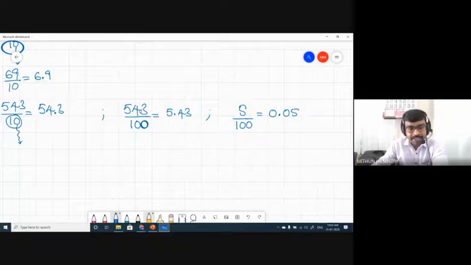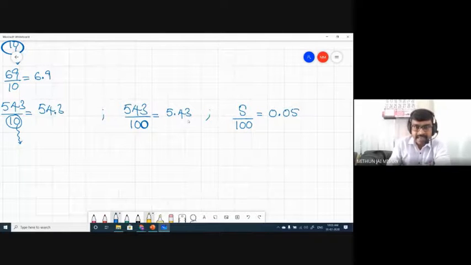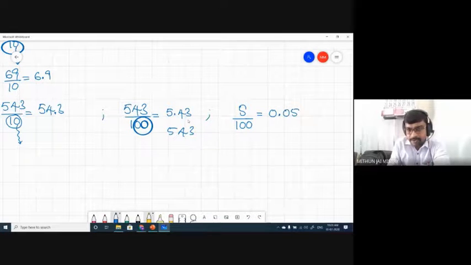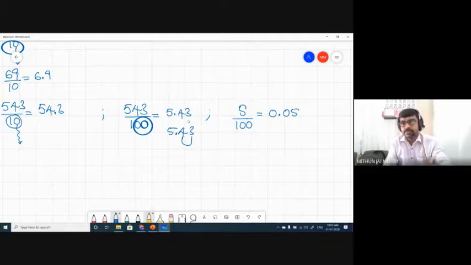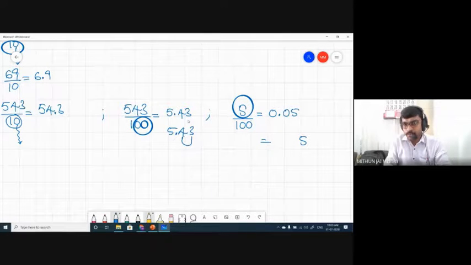Listen here, Payal ji. In 543, when we counted from last, first we write 543, and after that, as 2 zeros are there, we count from last 1, 2, and then we keep a point here. But here we are having 5 by 100. So when we write 5, it will be all alone, and 2 zeros are there.